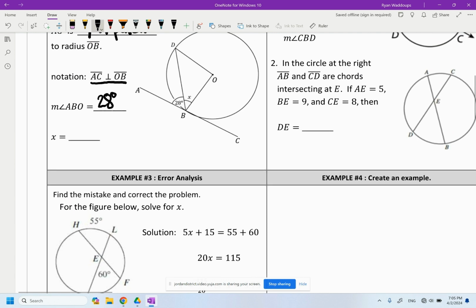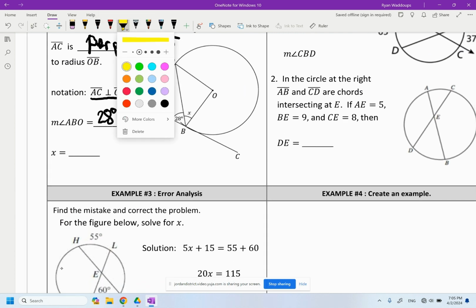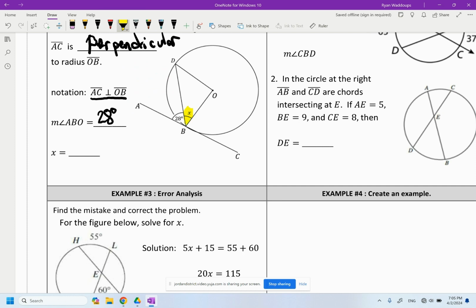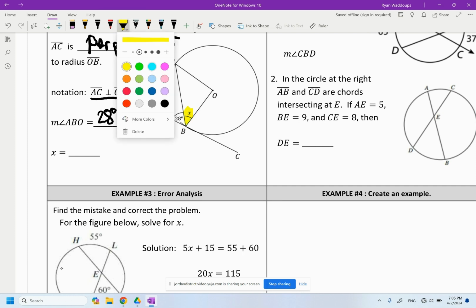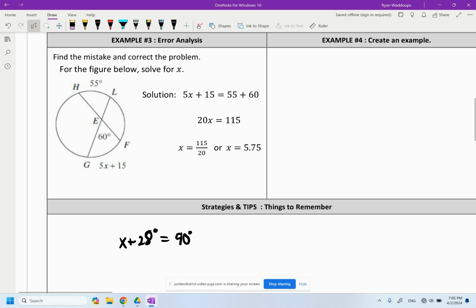Let's look at that again and put a little color to that. Angle X here plus this angle of 28 degrees together would be 90 degrees. So 28 degrees plus X degrees is equal to the 90-degree angle.